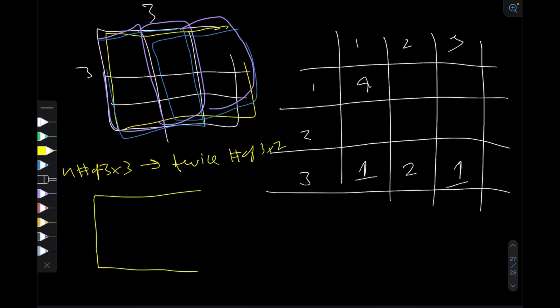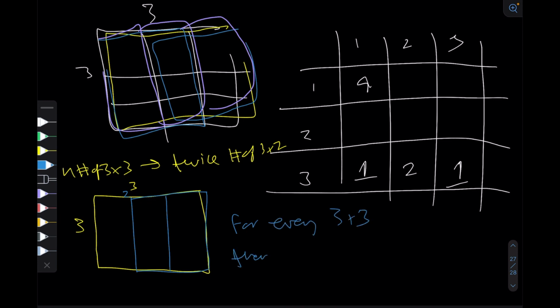So if we have a 3 by 3, every 3 by 3 can be split up into two 3 by 2s. This would be one of them, and this would be another. So for every 3 by 3 there are twice 3 by 2s.